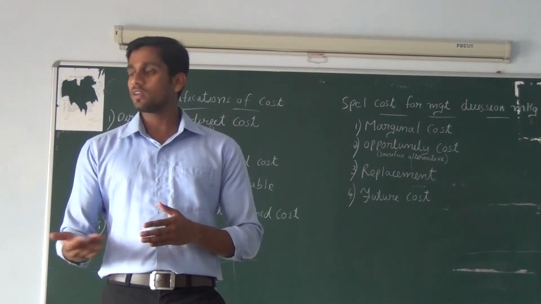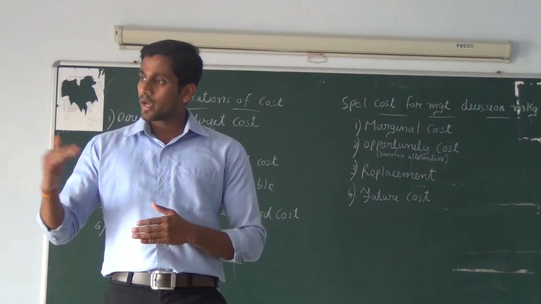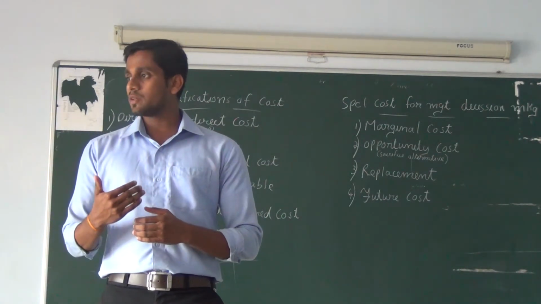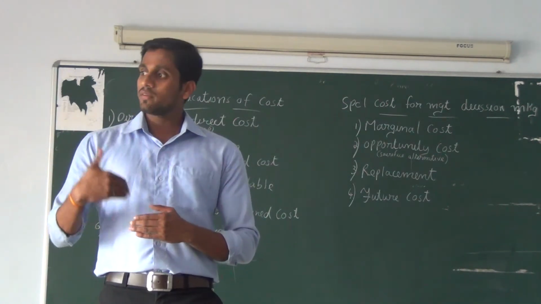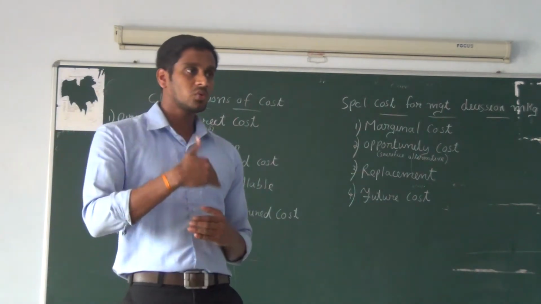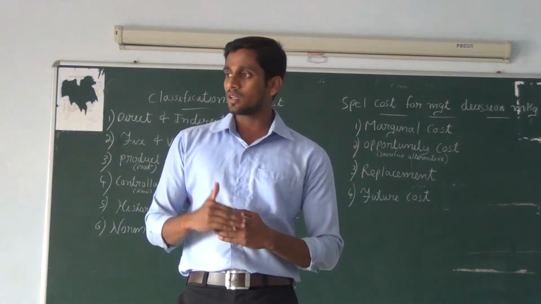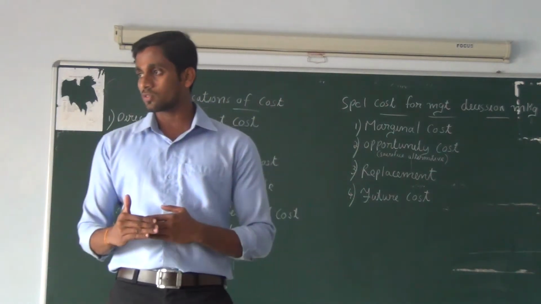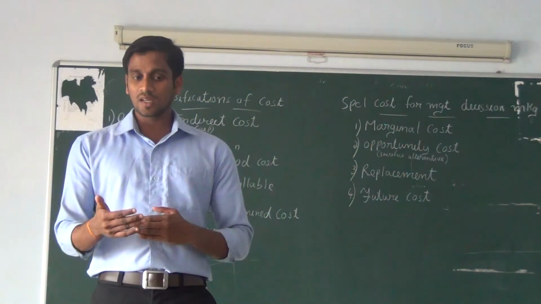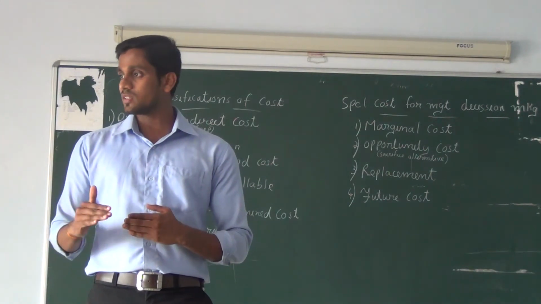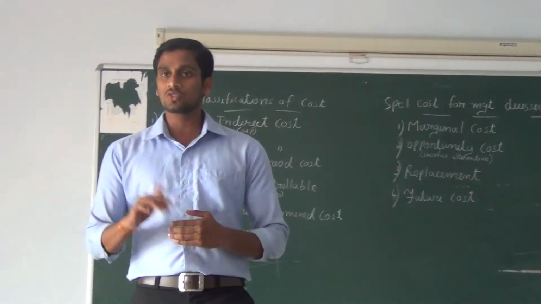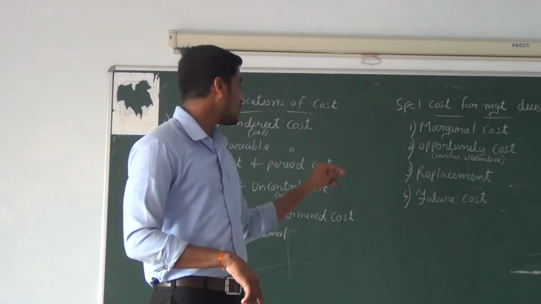And this year, if we want to replace that machine and buy a new machine of 20,000 rupees, we need to calculate the depreciation and all, and we will replace that machine with the new machine worth 20,000 rupees. So the replacement cost will be 20,000, because we are replacing that machine with a new machine worth 20,000 rupees. So that is replacement cost.